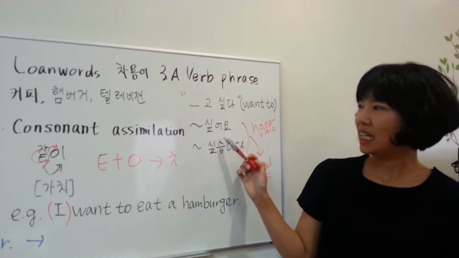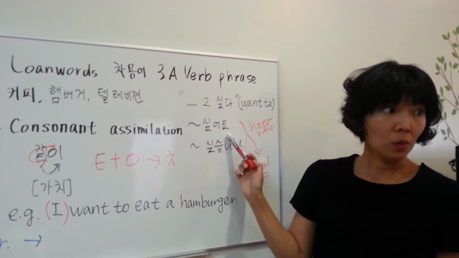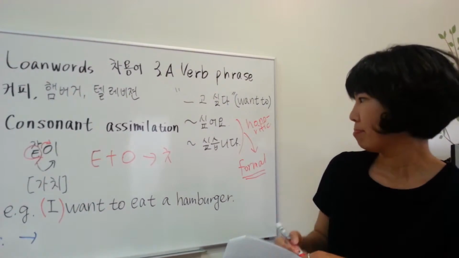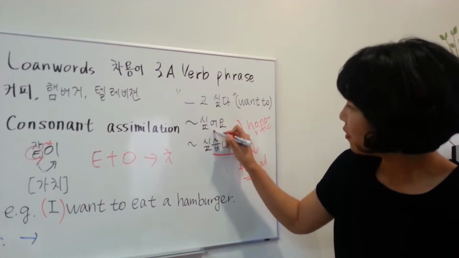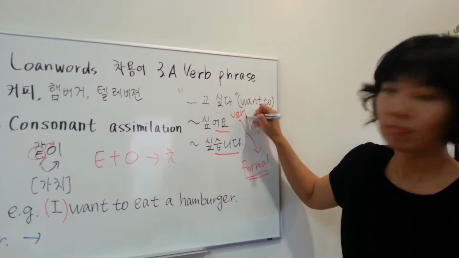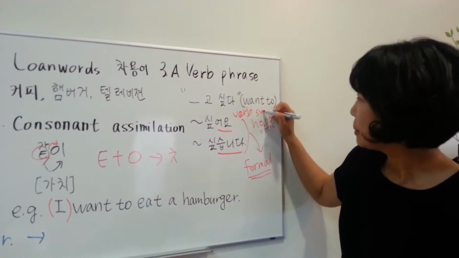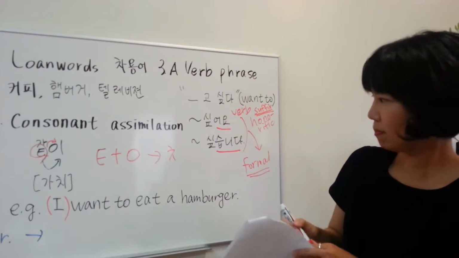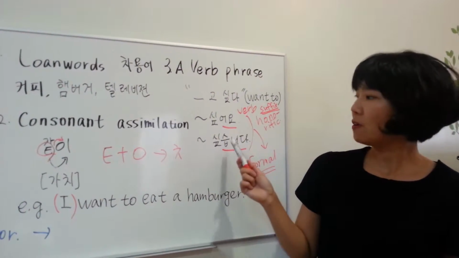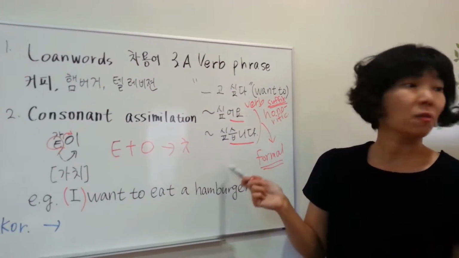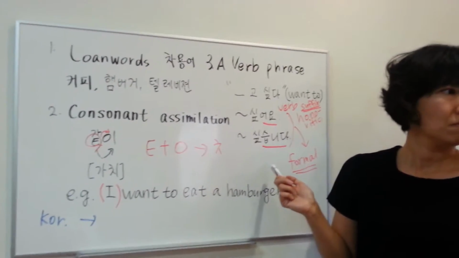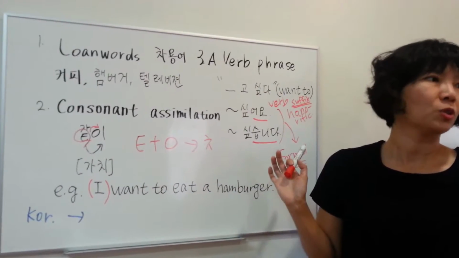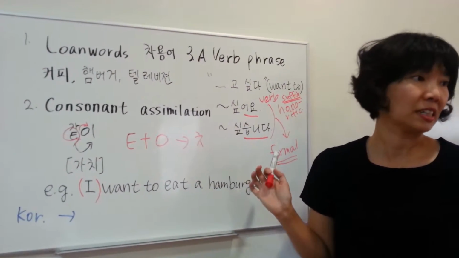So please use either 싶어요 or 싶습니다. So these are the verb suffixes. Each verb has these verb suffixes in Korean. The suffixes are always the same, two forms of honorifics.